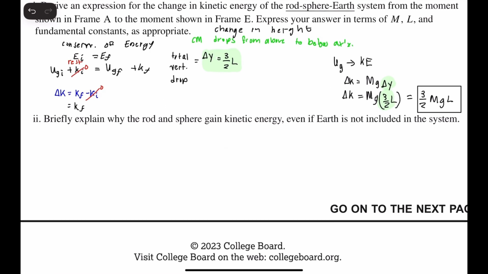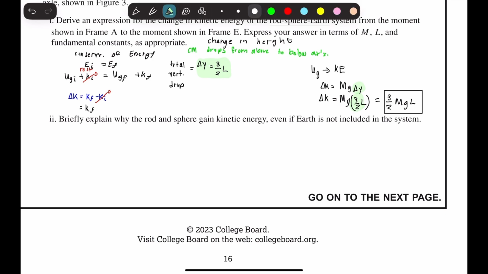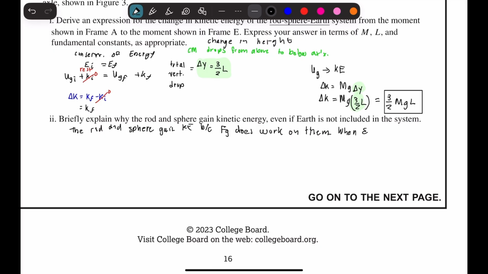Briefly explain why the rod and sphere gain kinetic energy even if Earth is not included in the system. And this is a lot of writing. The rod and sphere gain kinetic energy because FG does work on them when Earth is not included in the system.